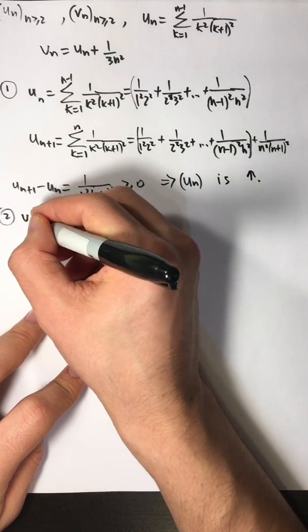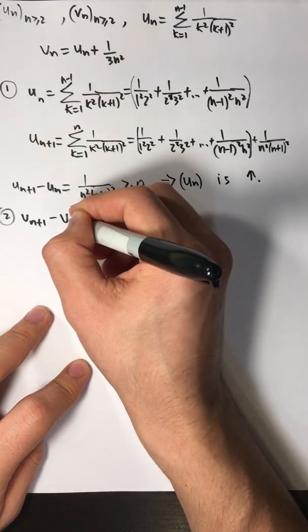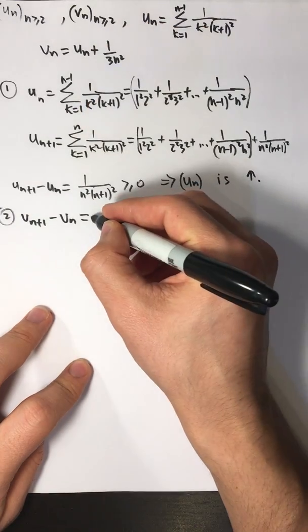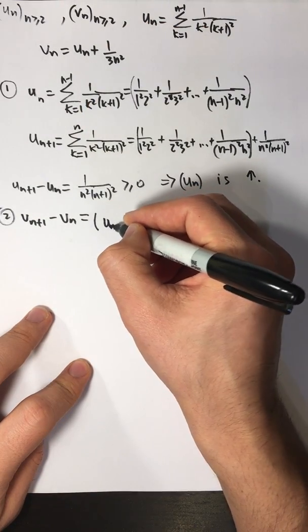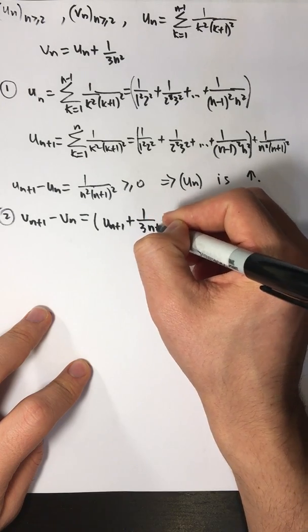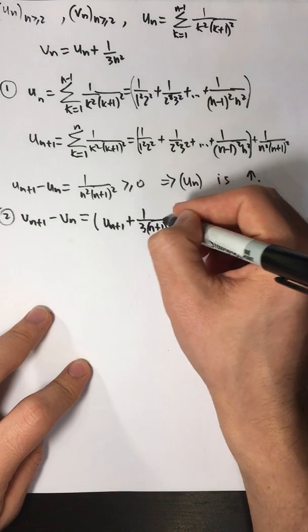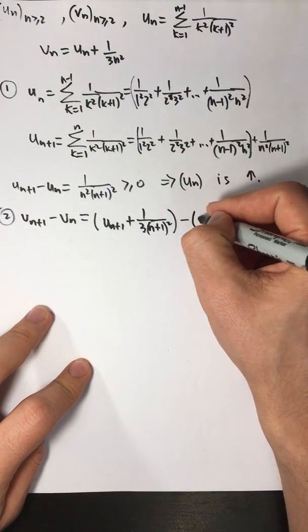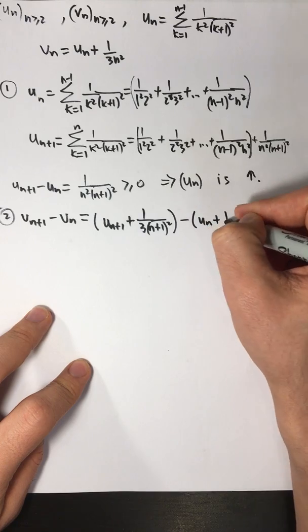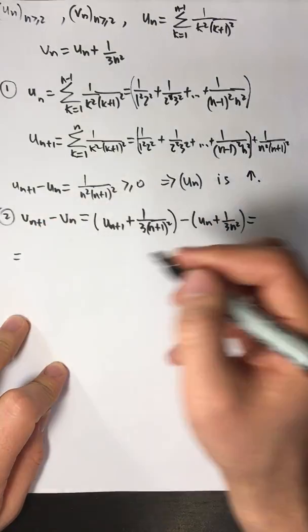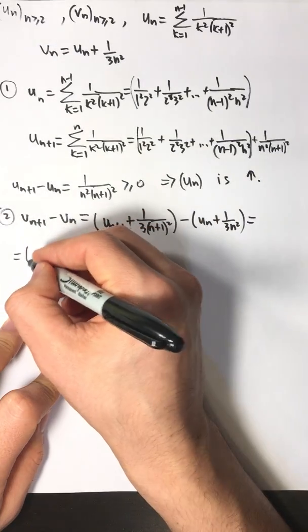Number 2. Now we have Vn. Now we check Vn plus 1 minus Vn, and it's equal to, what is Vn plus 1 according to this? Un plus 1 plus 1 over 3 n plus 1 square minus, what is Vn? Vn is this, Un plus 1 over 3n square. Okay, and now I write this one and this one first.